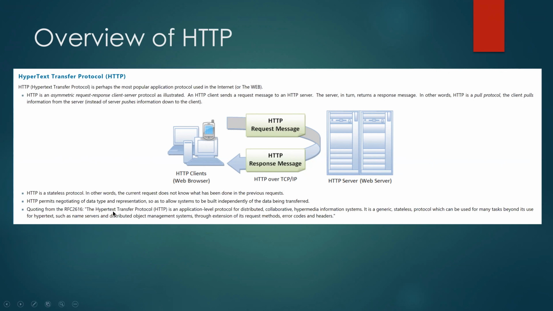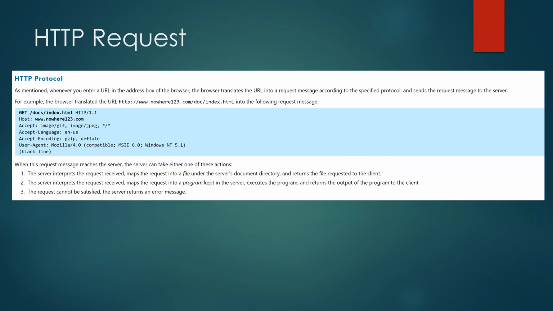And then HTTP negotiates the data and allows for application level protocol. It's very generic as far as that goes. Let me show an example of an HTTP request. It looks something like this. It would say, I need to get this file from this host, and I'll accept these kinds of files.